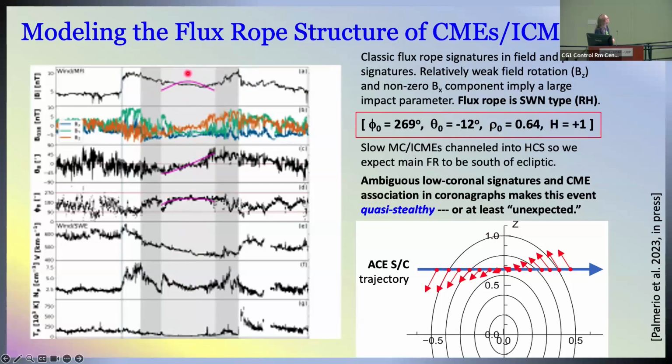In fact, it was also seen by ACE. This interval here is where the field is strong, where there's a coherent rotation. Here are the magnetic field angles. This pink magenta thing is a flux rope fit to the ejecta. This is velocity, density, temperature. And so my flux rope fit looks something like this.